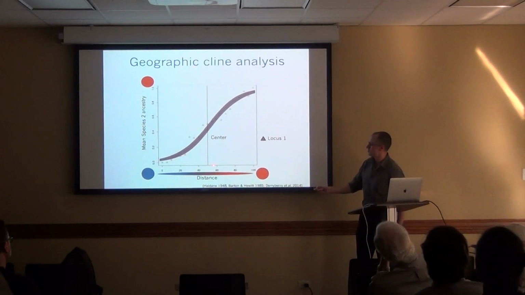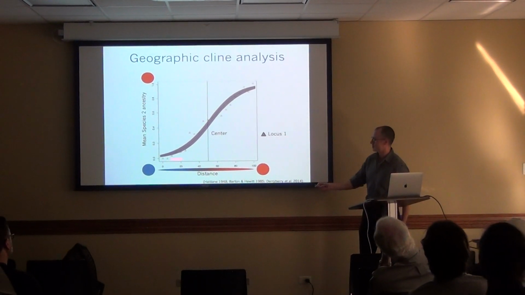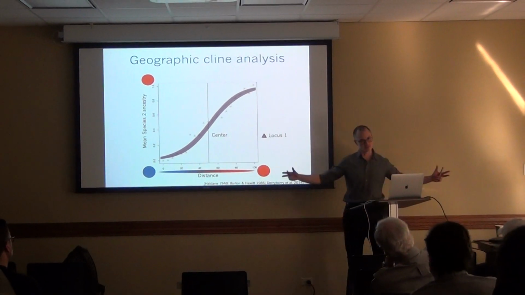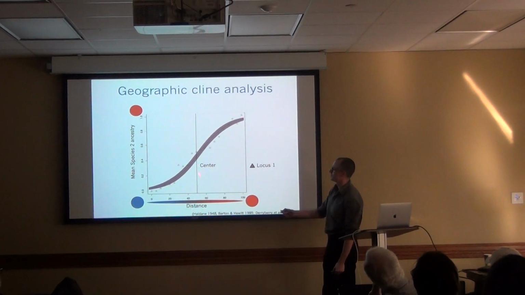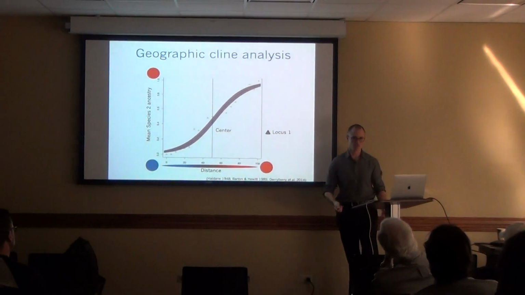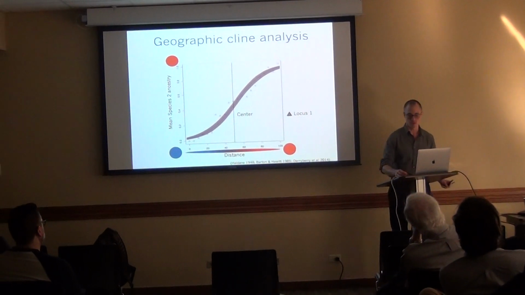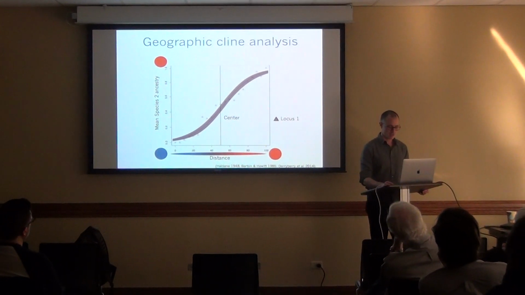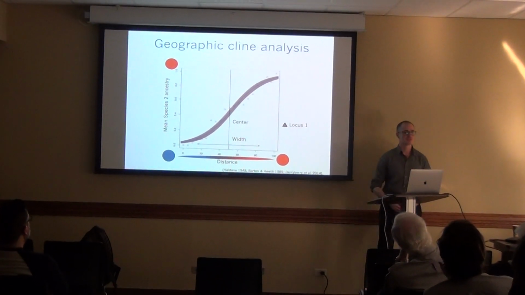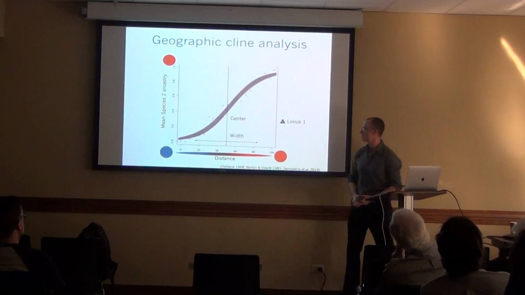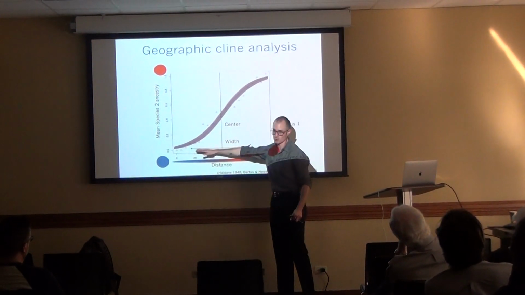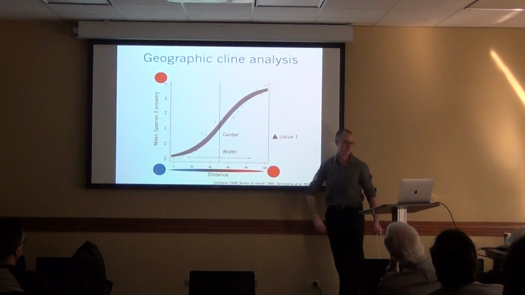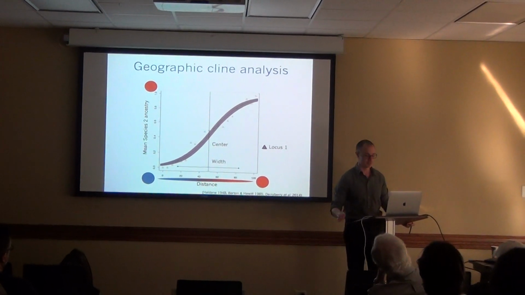In this case, at this point in this gradient, in this physical distance, this locality for this gene is going to have the most heterozygous, the most hybrid individuals. The analysis also gives you the width. The width will tell you how quickly it shifts from one parental species to another. And it tells you a lot of information.